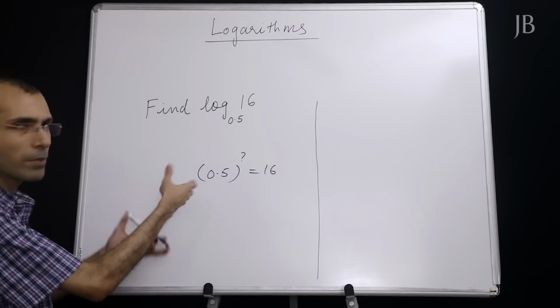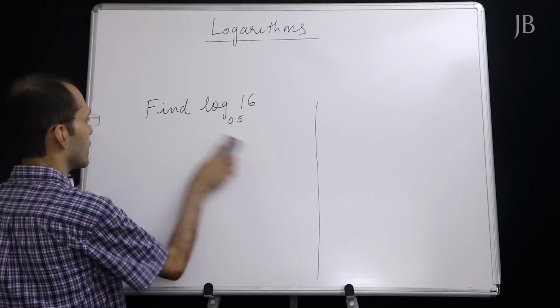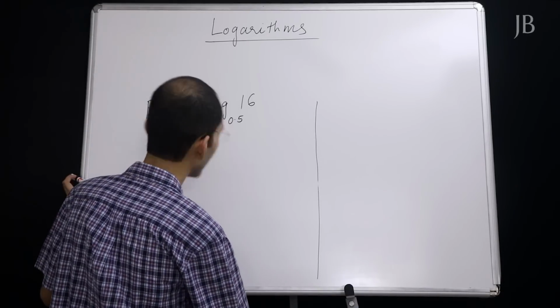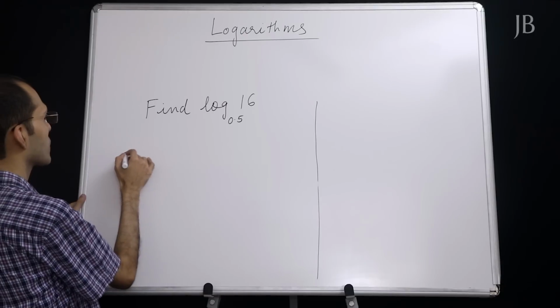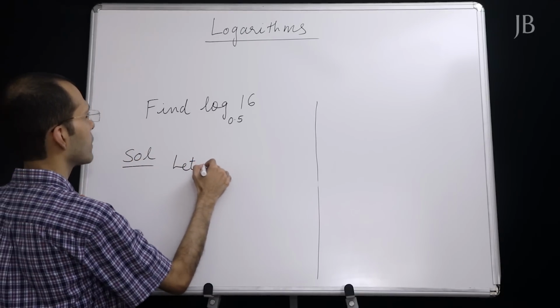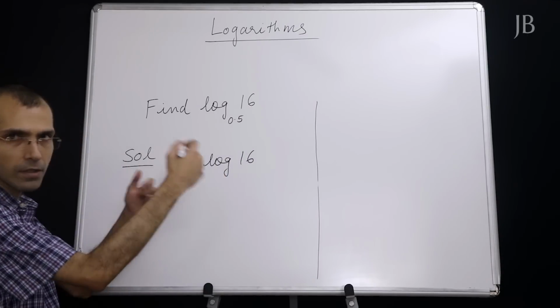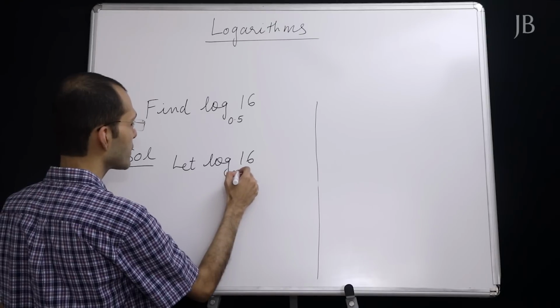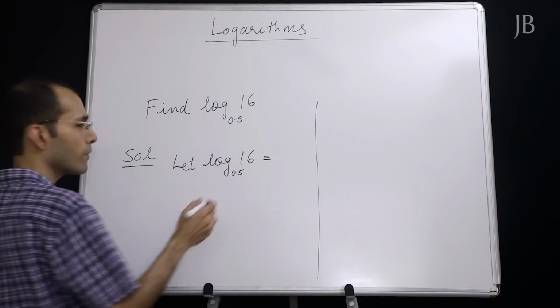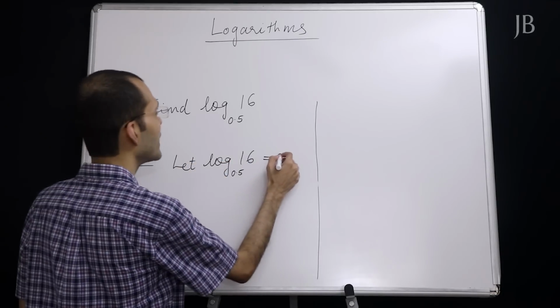So we have a simple technique to deal with such cases. We'll have to depend on indices for this. So what we do, we say let log of 16 to the base 0.5 be x.